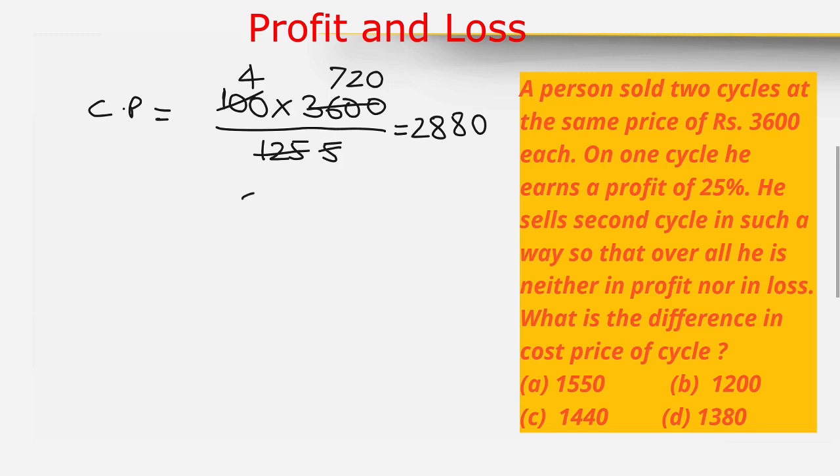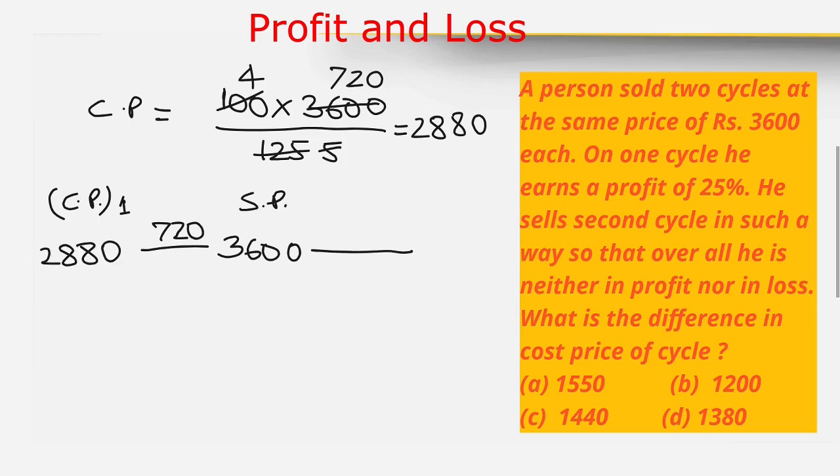So I write SP here, the selling price of one cycle, CP1. Selling price is more than cost price and the profit was 720. It means that cost price is 2,880. Now we go to the cost price of the second cycle, which is CP2.